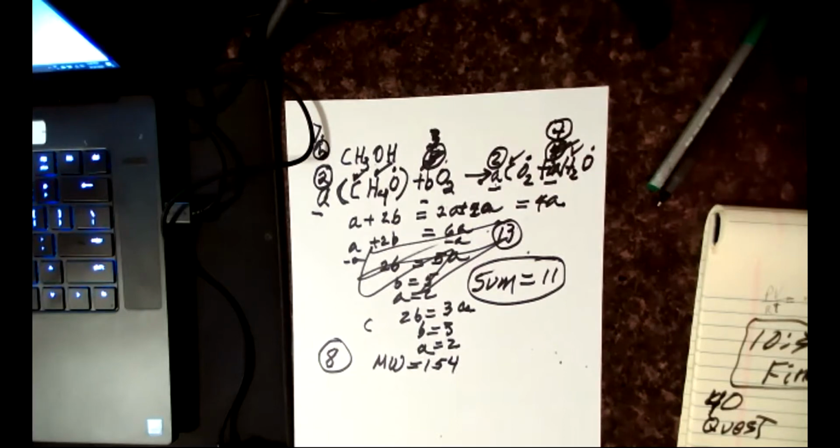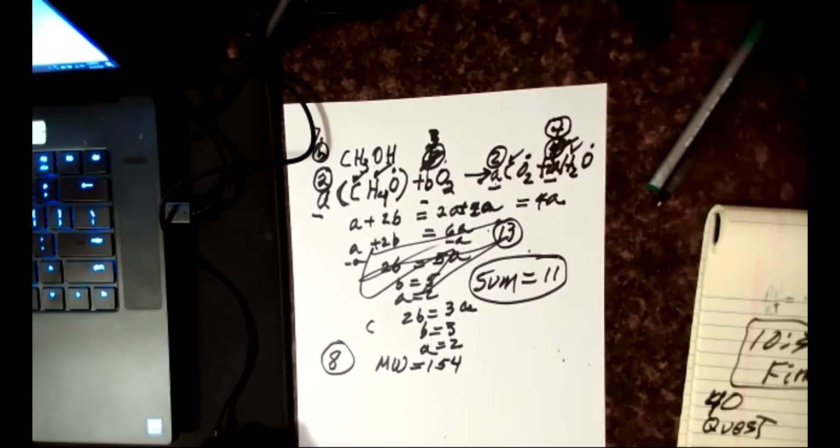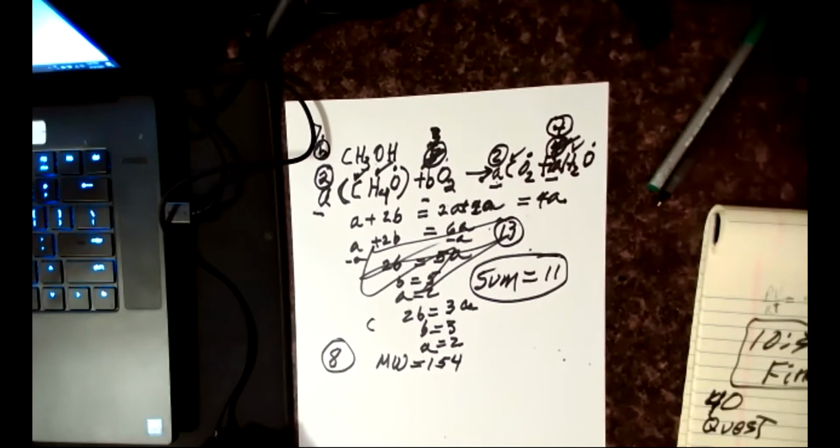Okay, let's try D. 1.008 plus 12.01 plus 4 times 16 is that, and then times 2. 154. We got it. So it's this one. So it's got 2 carbons. I'm not sure what that compound is. It's really explosive. I thought it might be a different compound than what I'm seeing there.